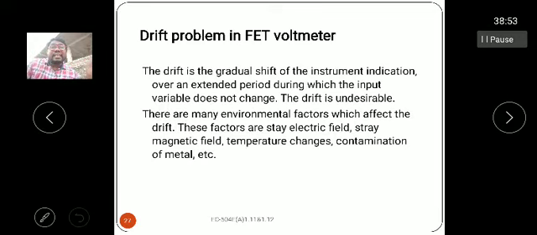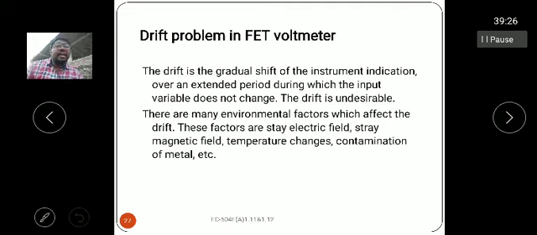The drift is the gradual shift of the instrument indication over an extended period during which the input variable does not change.